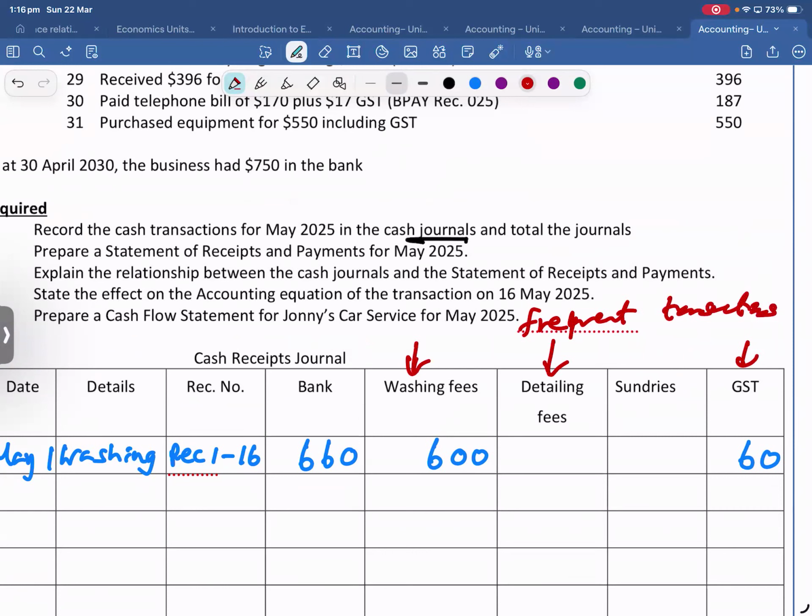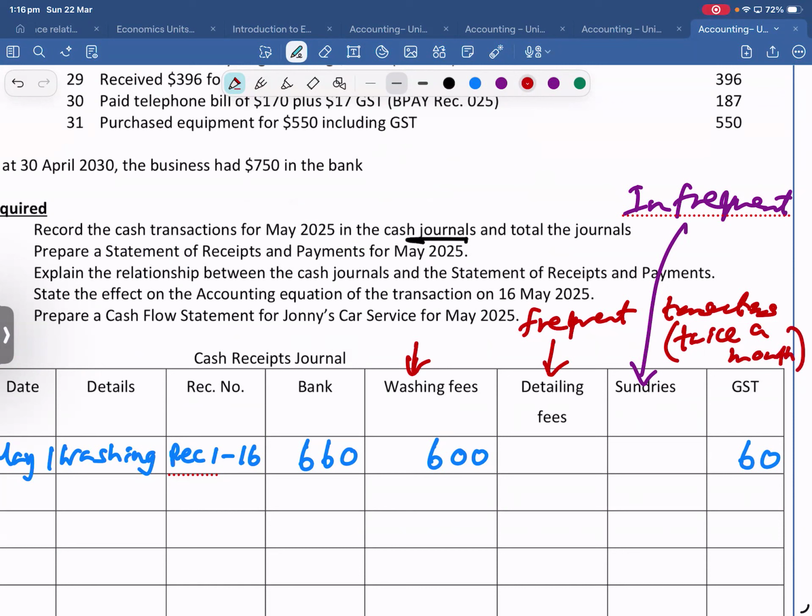Sundry is what do we record? Infrequent. So they don't happen often, meaning they will happen only once a month, right? Frequent means twice a month, or twice in the period, so roughly twice a month at least.